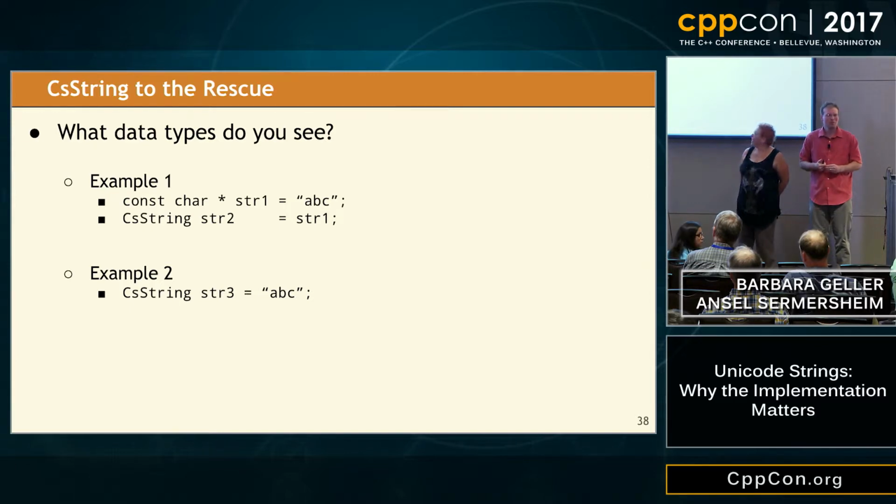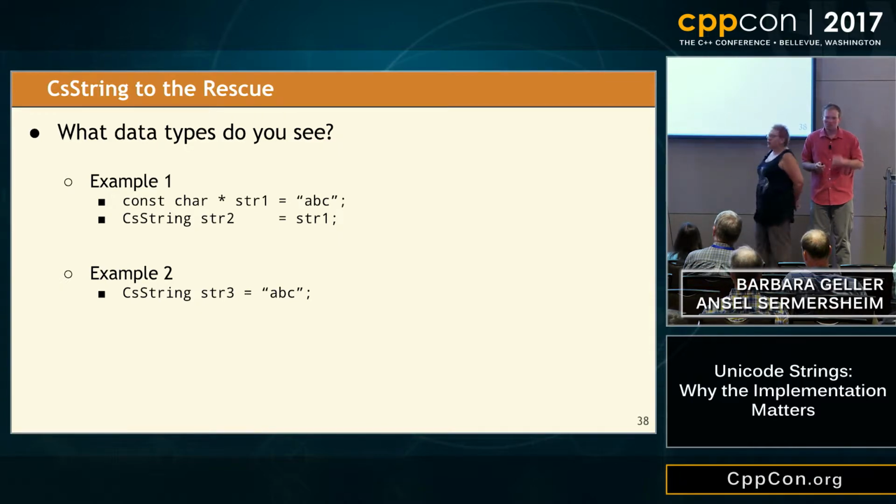So ABC, the quoted string ABC, is a reference to an array size 4 of const characters. Yes. And zero 1 is a pointer to const car. Very well said. Yes. And I have implemented string classes. Yes, that's very good, very well said.